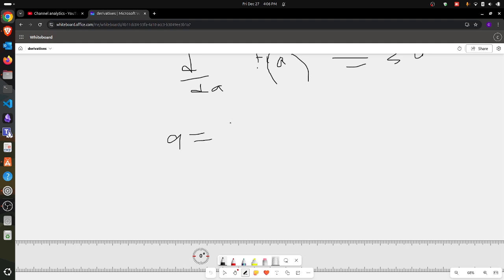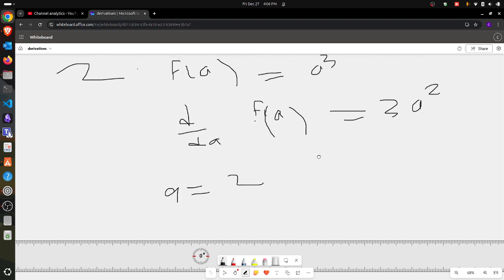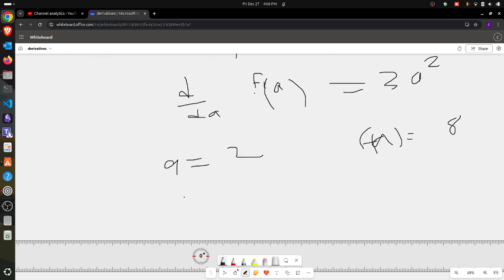In this situation, if a is equal to 2, then f of a is going to be 8. If a is 2.0001, then f of a is going to be 8.012.